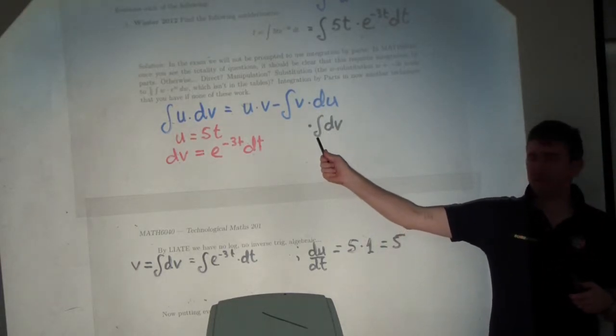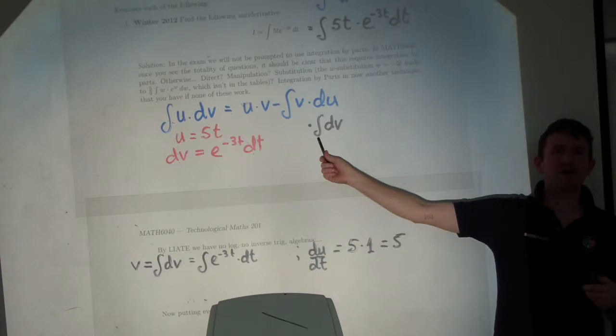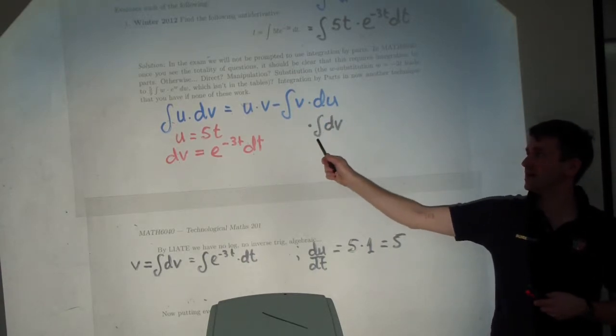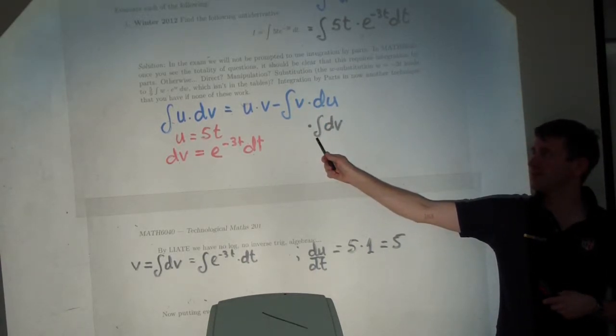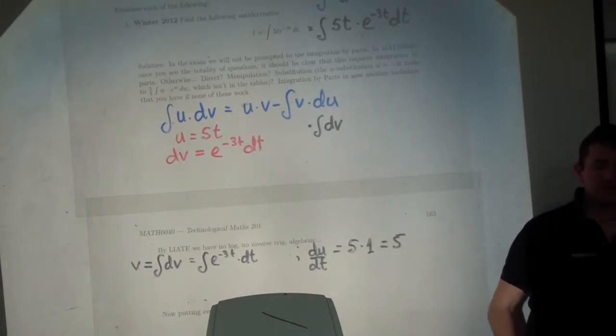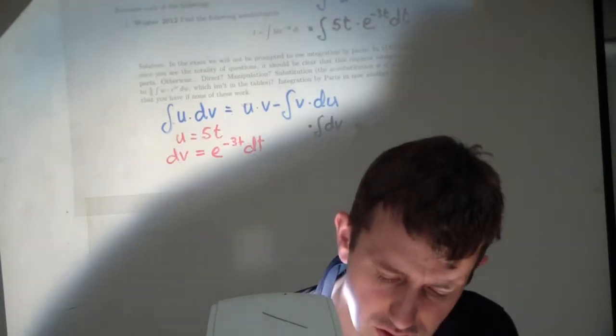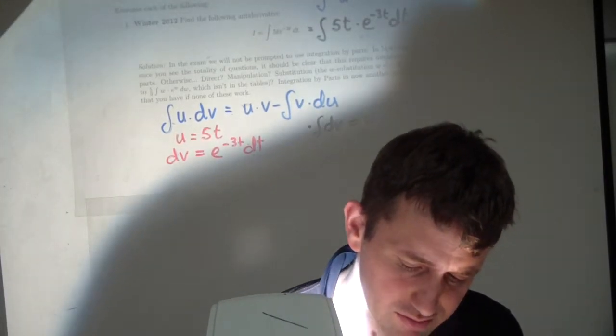And this symbol here, what does it look like? An S. It's like an S standing for sum. So this means add up. And this dv is a little bit of v. In this explanation, you add up all the little bits of v, you get v.